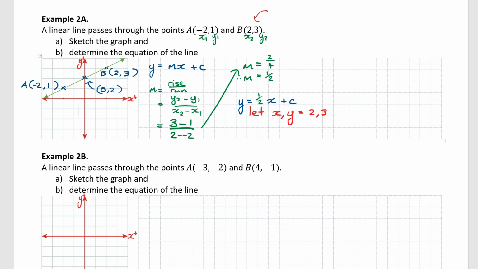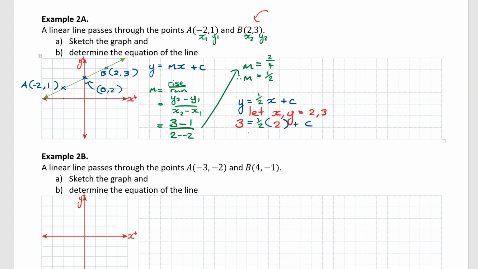Whenever we see the value of y, we're going to replace it with the number 3, and whenever we see the value x, we're going to replace it with the number 2. So we're left with 3 equals 1/2 times 2 plus c.